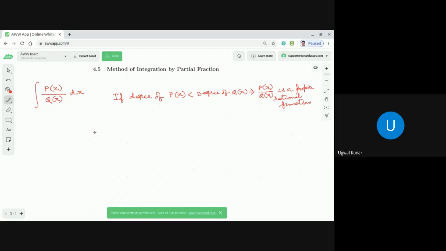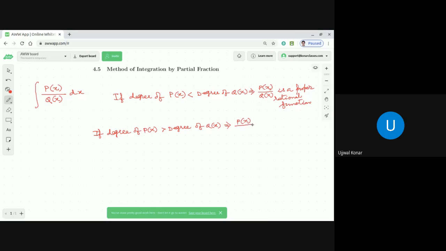Now, if the degree of p(x) is greater than the degree of q(x), then we can say that p(x) by q(x) is an improper rational function.